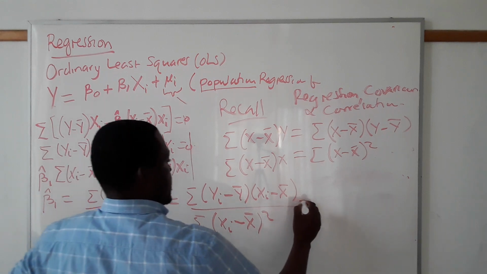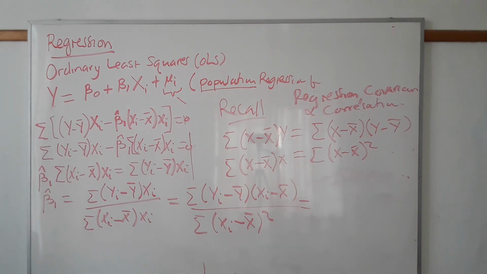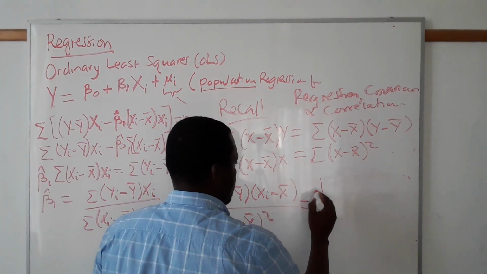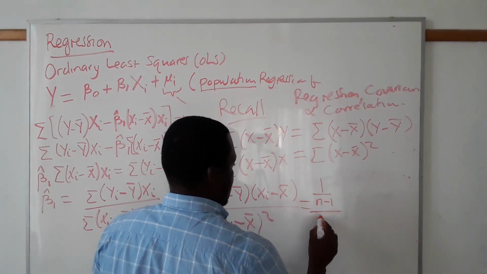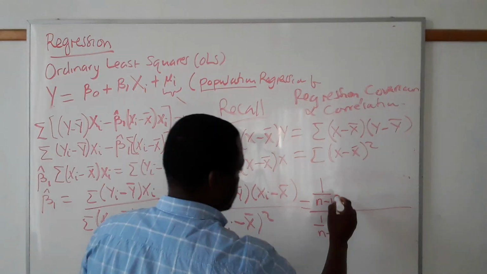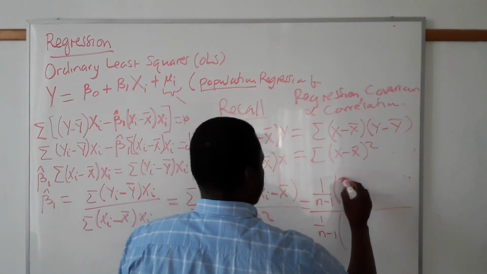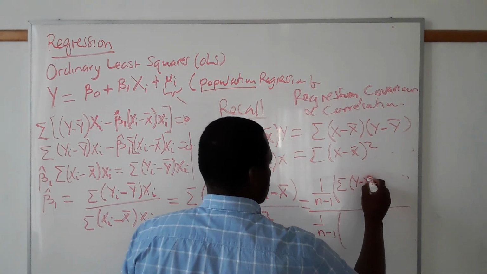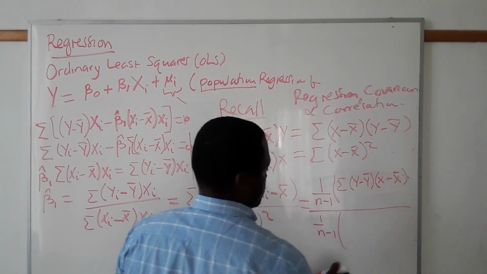Now, if we multiply this expression by 1, where we think of this 1 as 1 over n minus 1 divided by another 1 over n minus 1. Up there you have the sum of y minus y bar times x minus x bar.